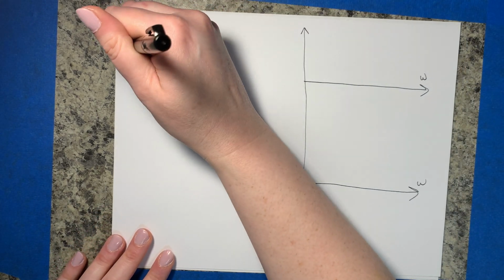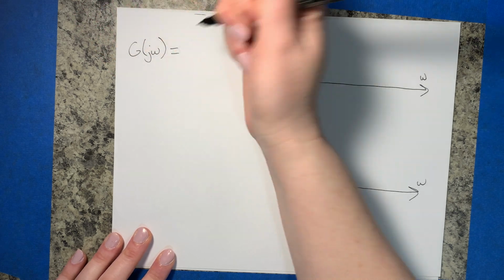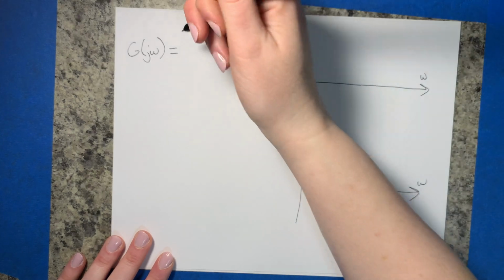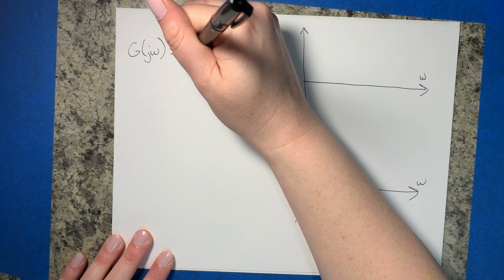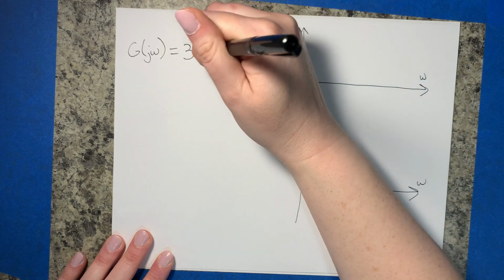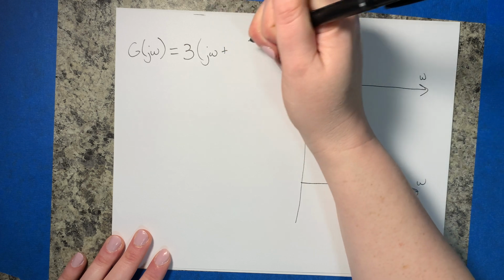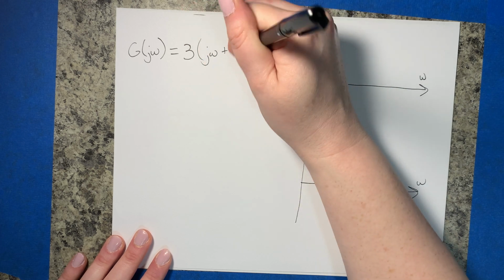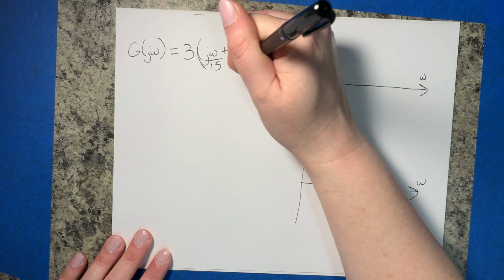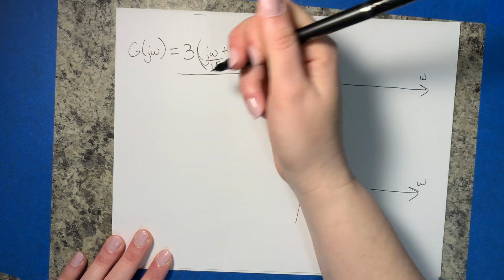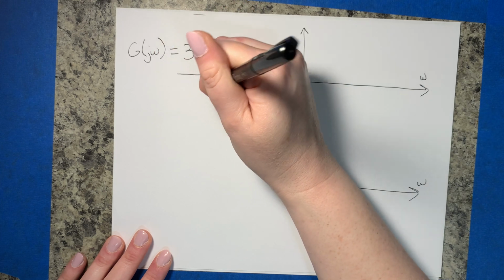Okay, so I have a G of j omega, and I'm going to start out with 3 as our constant. We'll have a 0 that happens at, let's say, 15, and then we'll have a pole that happens at, let's say, 40.